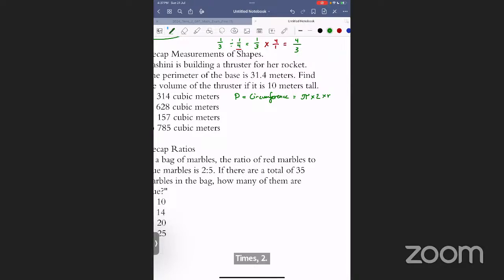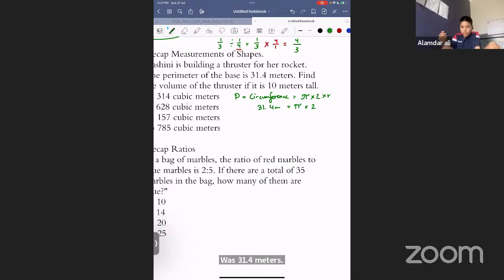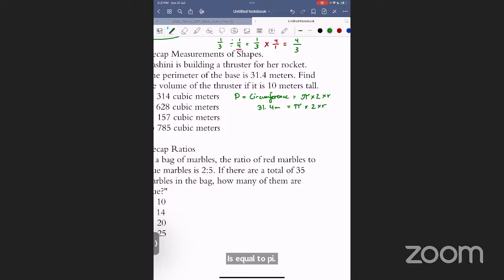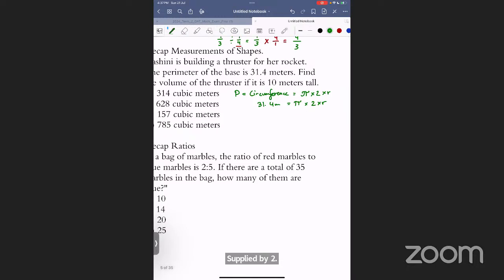Pi multiplied by 2 multiplied by r. And in this question, it says that the perimeter, 31.4 meters, is equal to pi multiplied by 2 multiplied by r. And pi, I'll just write it here, pi is equal to 3.14.